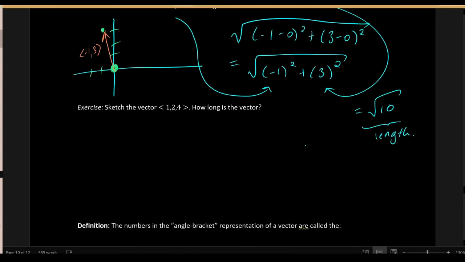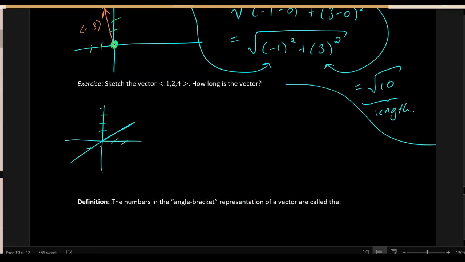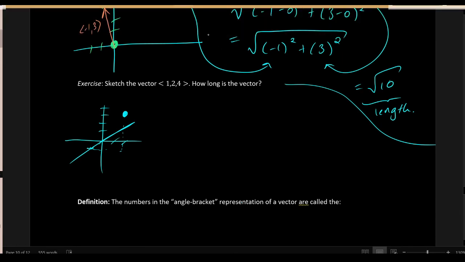For a three-dimensional equivalent, let's sketch the vector 1, 2, 4, and let's answer the same question, how long is the vector? I need to travel 1, 2, 4 units in the x, y, and z directions respectively. And then the vector 1, 2, 4 stretches from the origin out to that point.